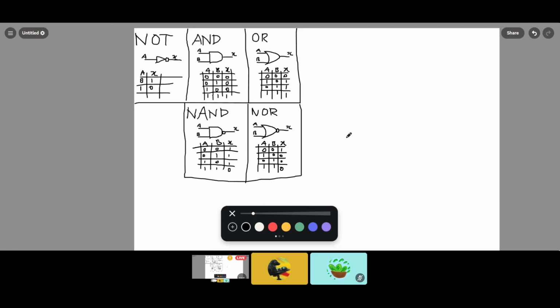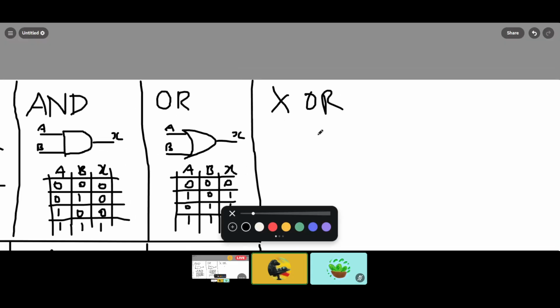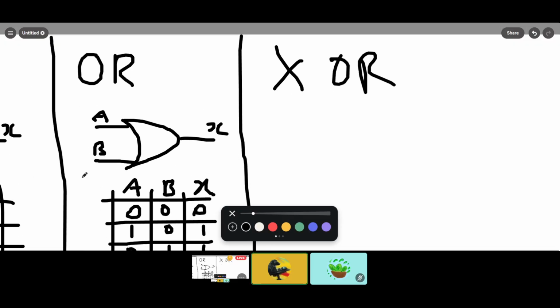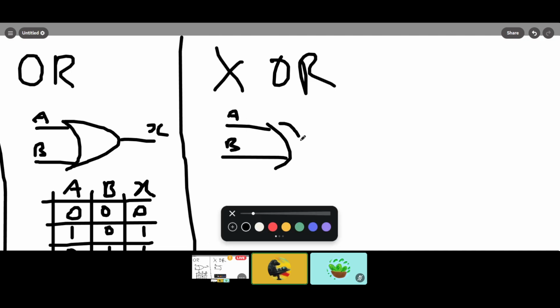The last set is a special kind of logic gate. It is the XOR, exclusive OR. No one says X-O-R letter by letter, it's XOR. It looks similar to the OR gate symbol, but there's an extra line here.